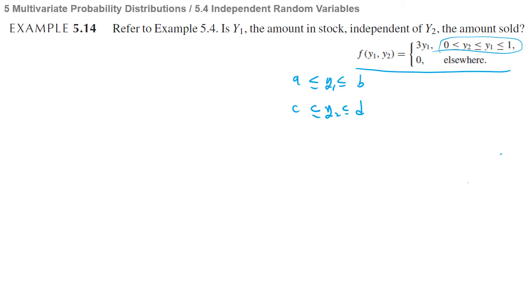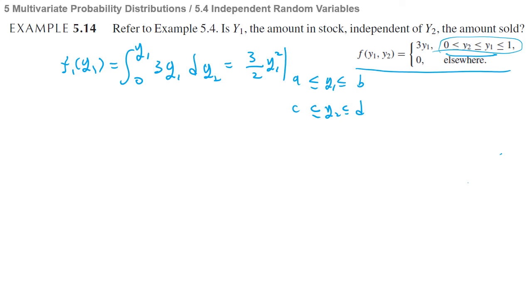To show independence we should calculate f1(y1) and f2(y2). To calculate f1(y1), we integrate with respect to y2, and y2 is from 0 to y1, of 3y1.